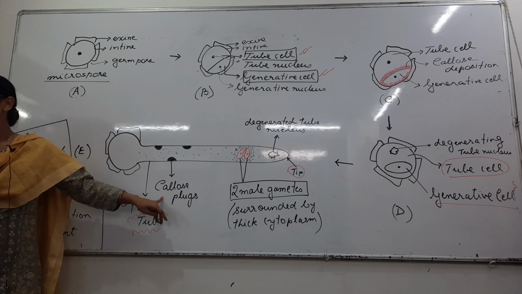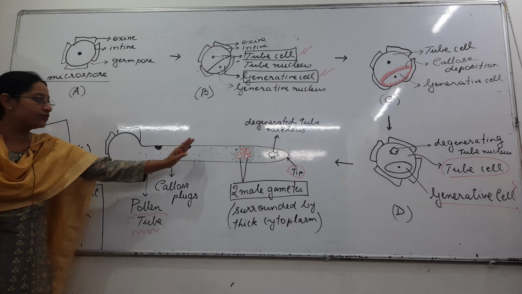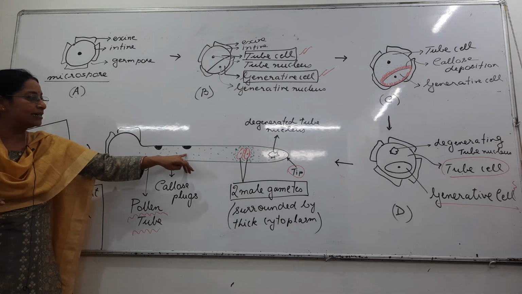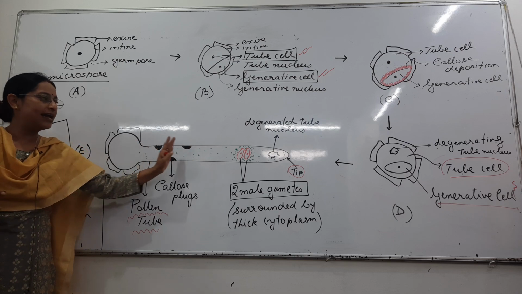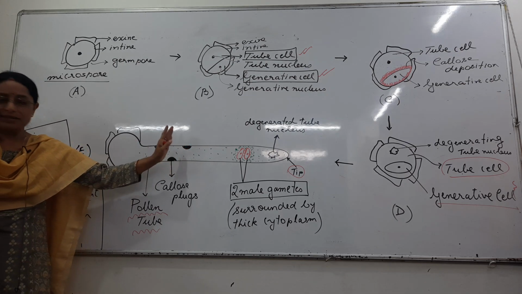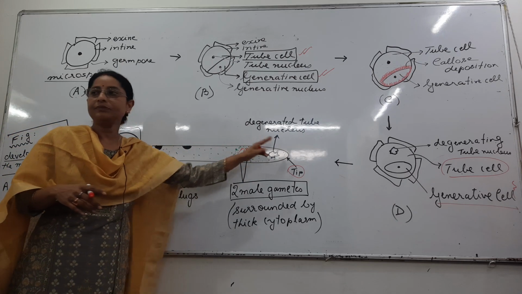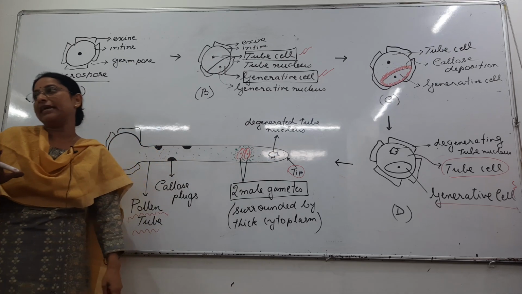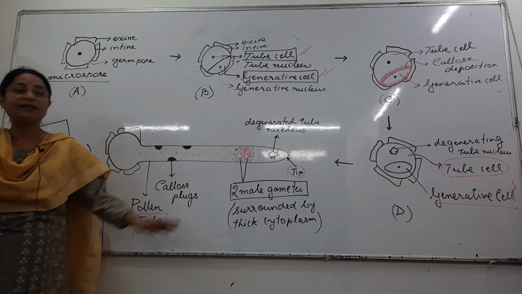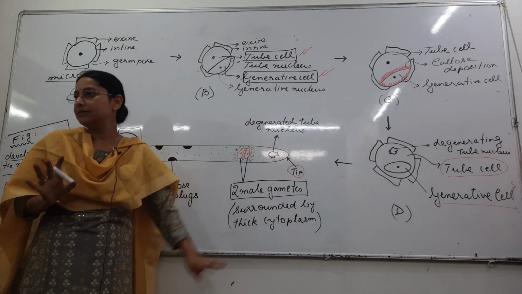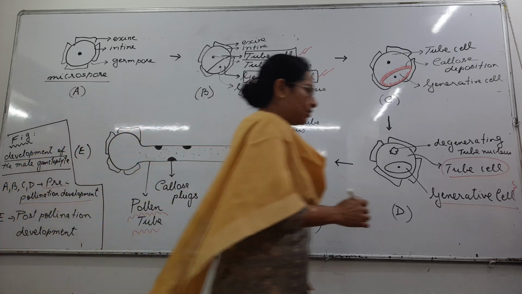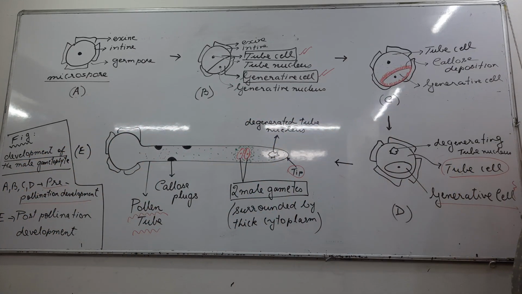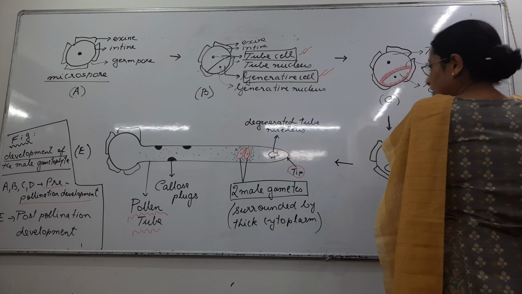So ultimately callose deposition keeps increasing, and that whole area will be dead. So the living area, the thick cytoplasm, the new cytoplasm, will be at the apex. Is the point clear? So we will be writing the points about it. The diagram is over.